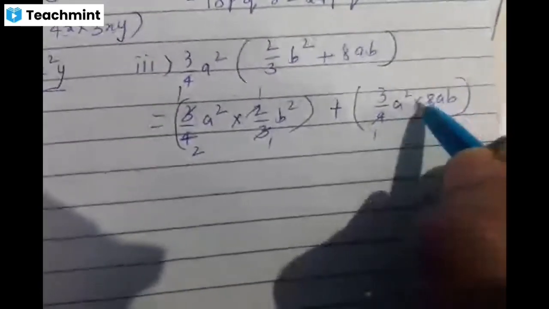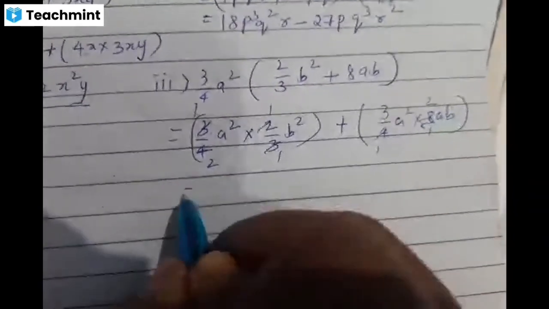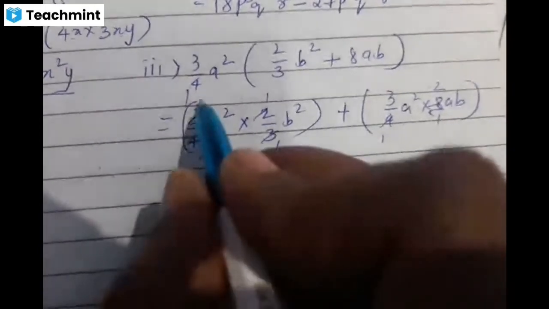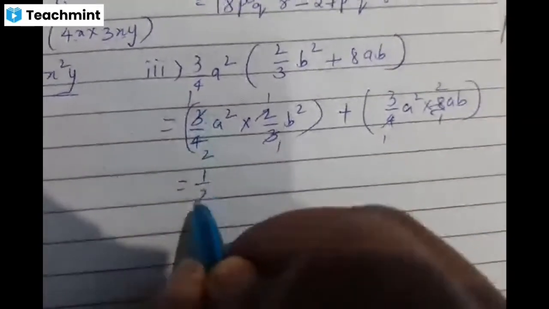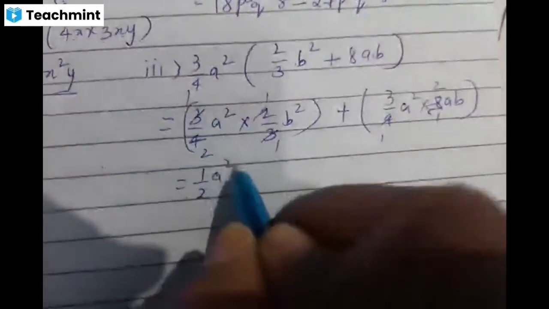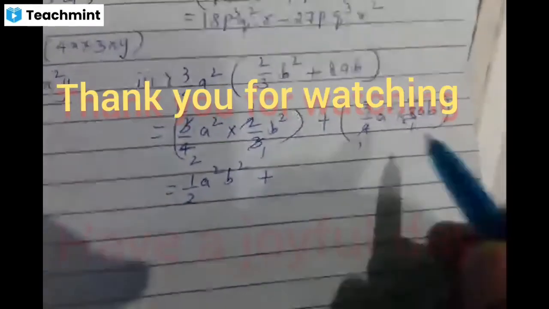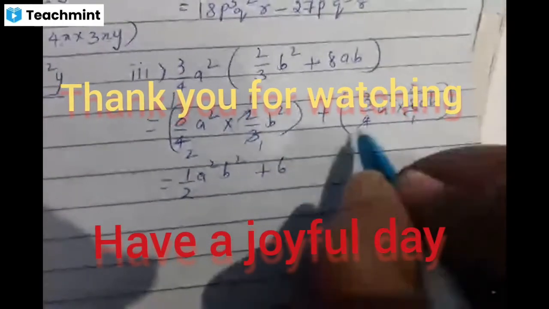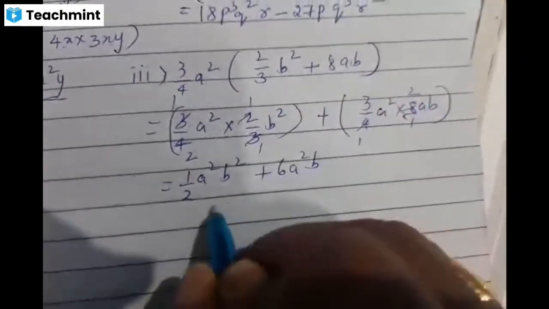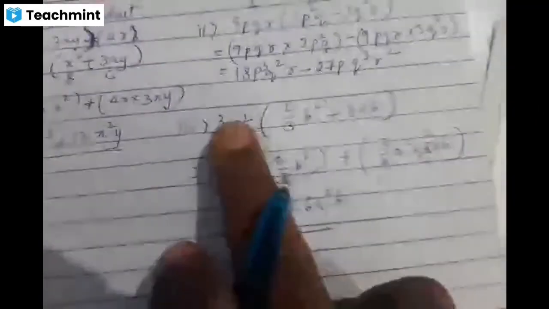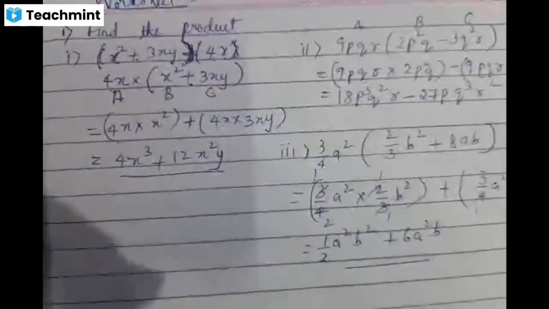Here 4 ones are 4, 4 twos are. Multiply the constants if you have. Left with 1 by 2 a square b square here, plus 3, in the denominator you have nothing. Here you have 2, 3 twos are 6 a square b. So we have multiplied a monomial with a binomial. Hope you have understood well, children. Thank you, children.